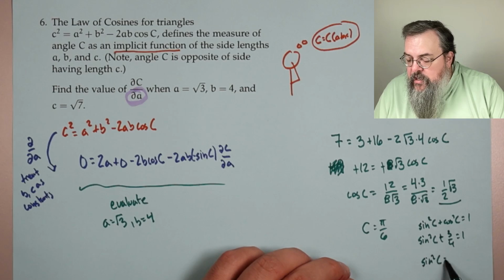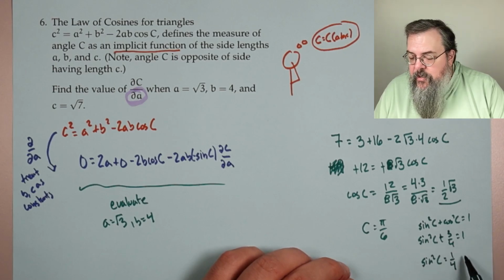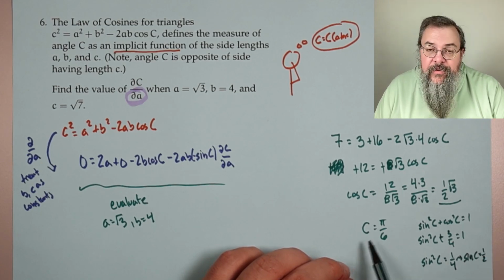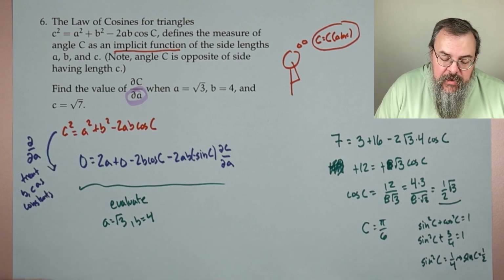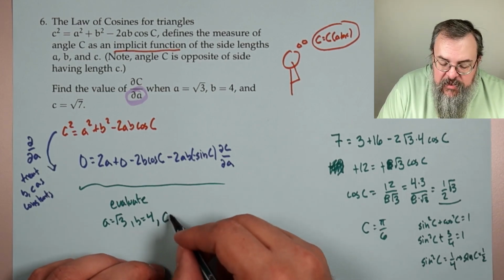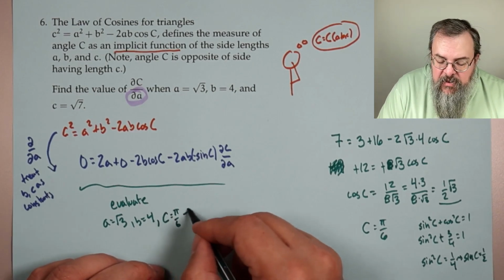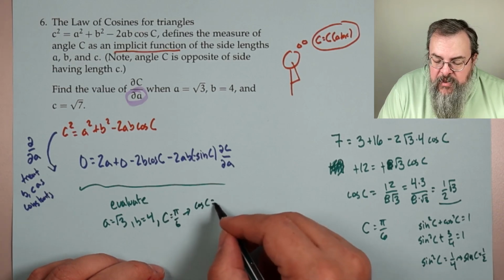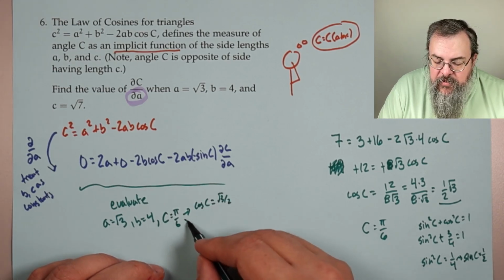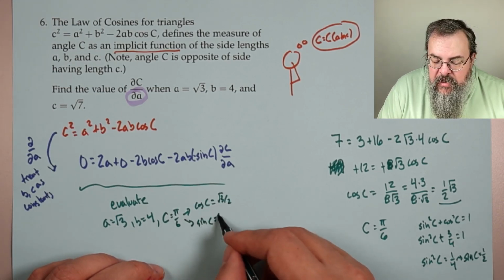Sine squared C equals 1 minus 3/4, which is 1/4. All right. Well, that tells us that sine of C is really a half. And it's true. Sine of pi over 6 is a half. All right. So C is pi over 6. So cosine of C is root 3 over 2. Sine of C is a half.